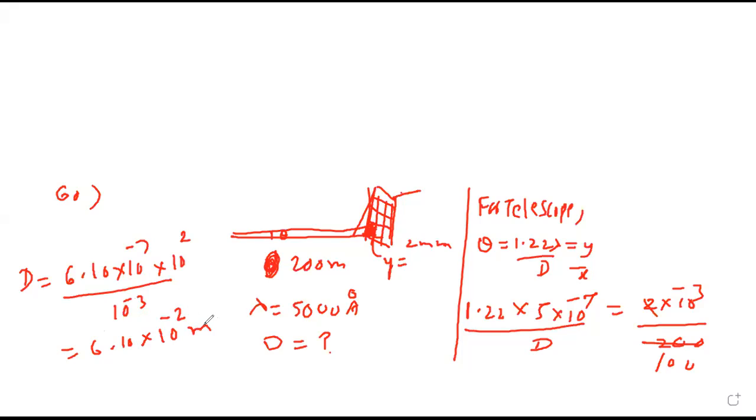This many meter, or 6.1 centimeter. Right. Whenever opposite side and adjacent side are given, then we can use tan theta is the same as theta, which is opposite upon adjacent.